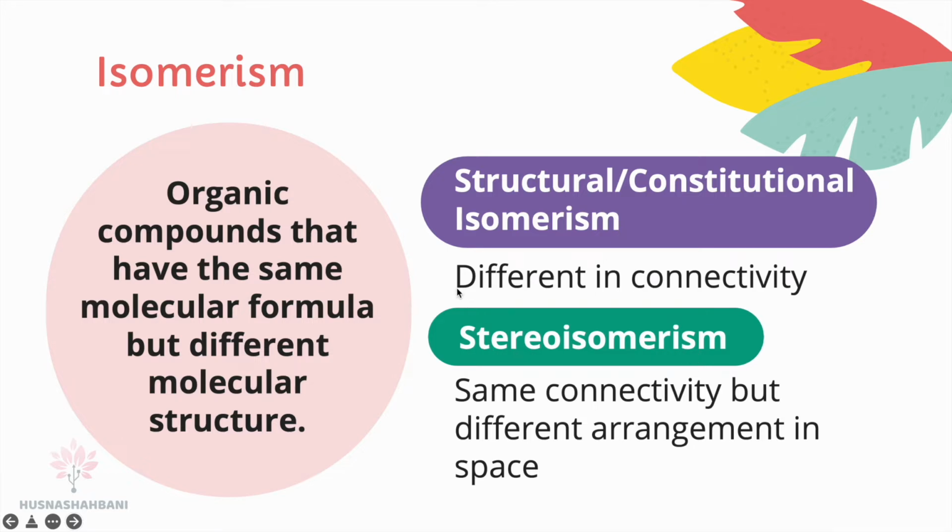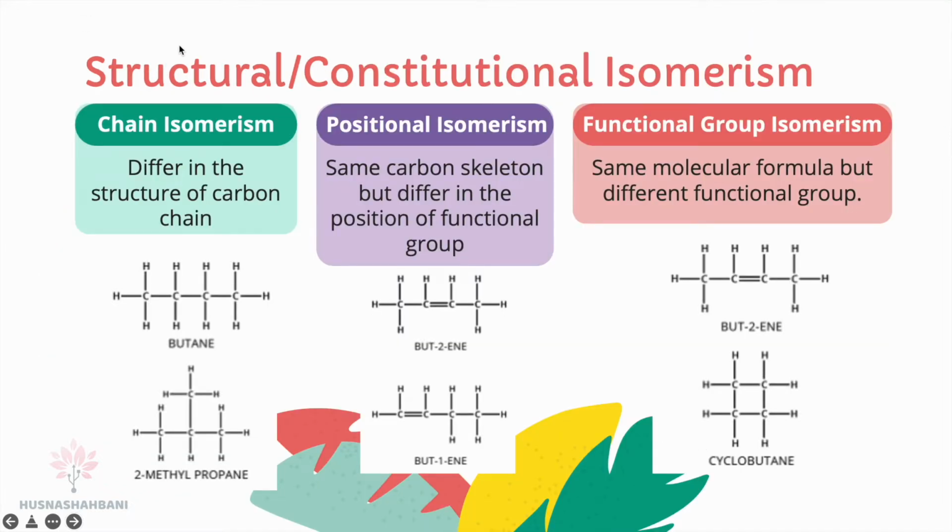Structural or constitutional isomerism has differences in connectivity, but stereoisomerism has the same connectivity but a different arrangement in space. There are three types of structural or constitutional isomerism. The first one is chain isomerism, the second one is positional isomerism, and the third is functional group isomerism.